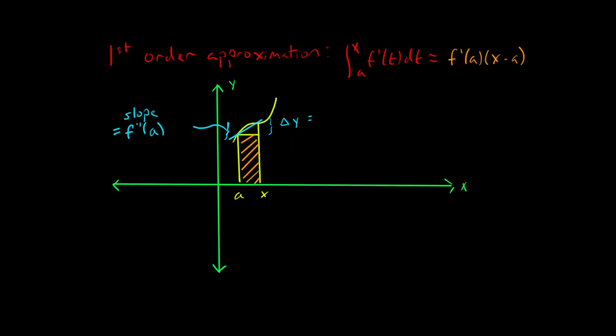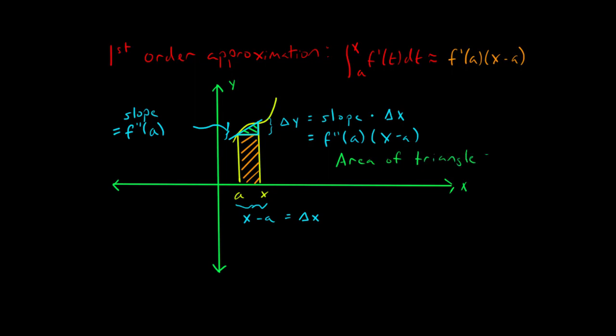The height of this triangle, the delta y there, is going to be the slope of that tangent line times delta x. Delta y equals slope times delta x. My delta x is just x minus a, the base of the triangle. So then delta y will equal f double prime of a times x minus a.